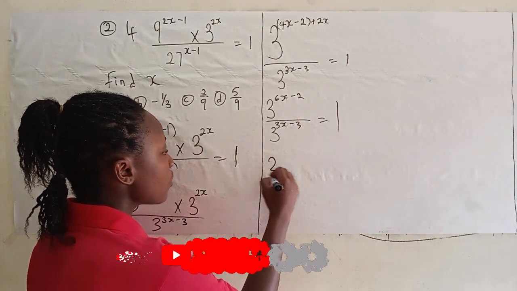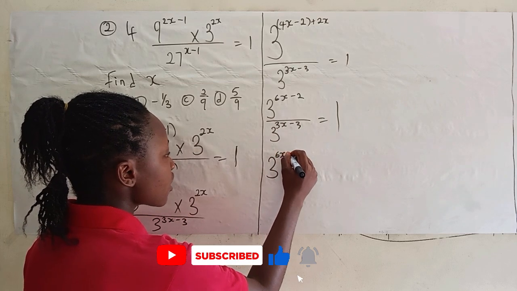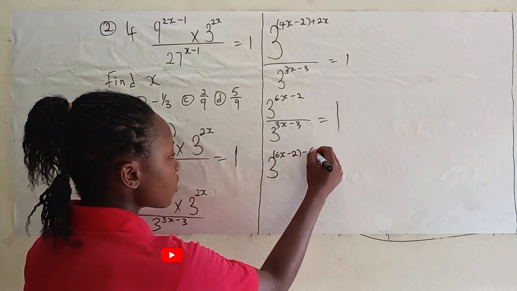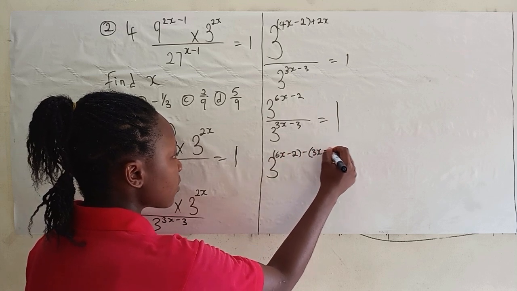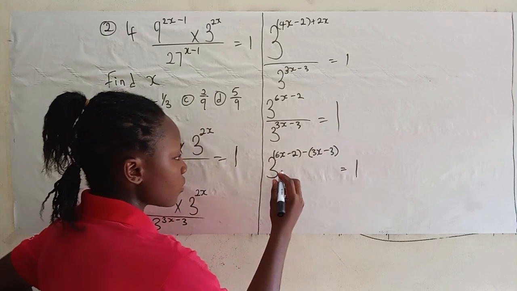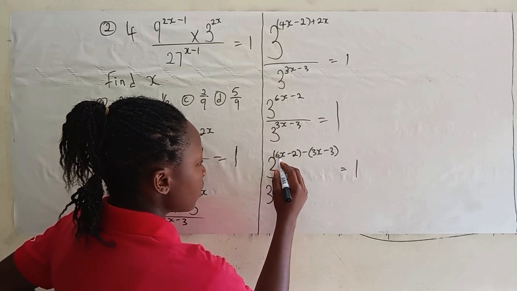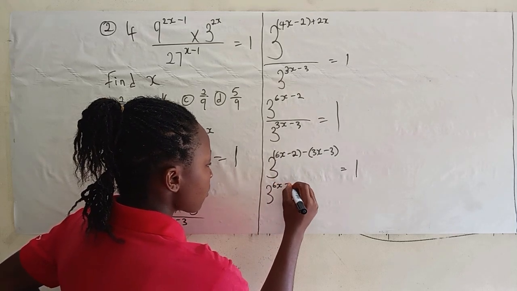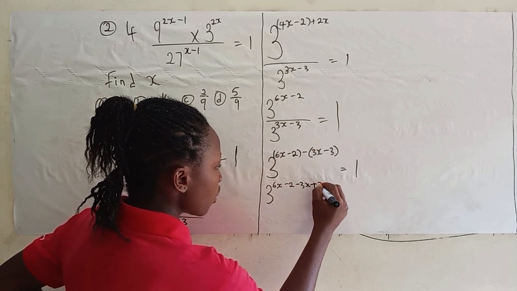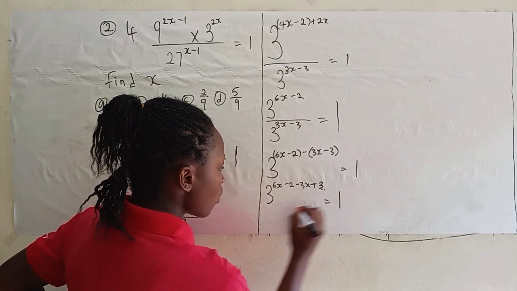So we're going to have 6x minus 2 minus 3x minus 3 equals to 1. 6x minus 2 minus 3x, this will now change to plus 3 equals to 1.